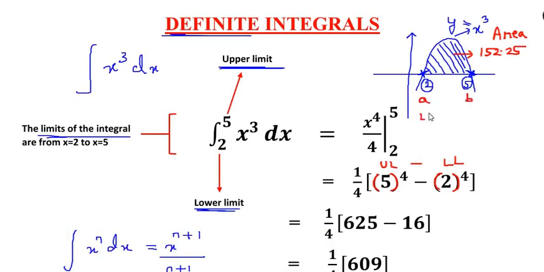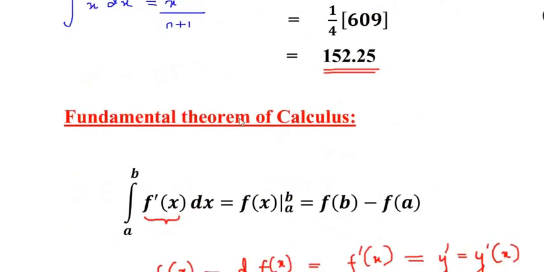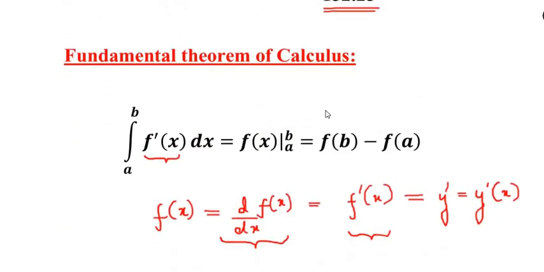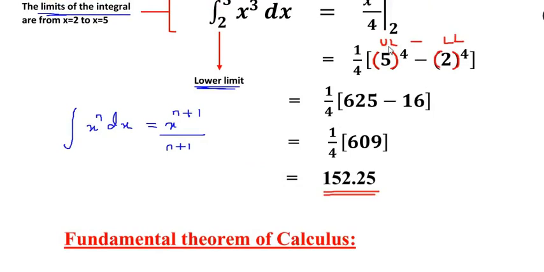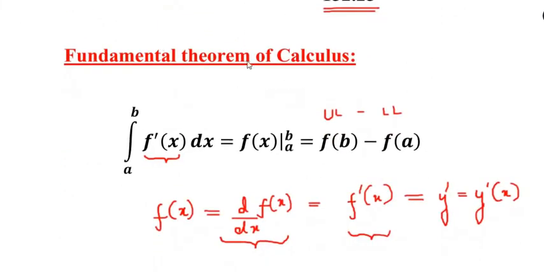That is, this is the lower limit and this is the upper limit. So whenever we are using the fundamental theorem of calculus, it always becomes upper limit minus lower limit. This is what was shown over here. So remember the fundamental theorem of calculus, it becomes really easy to solve the examples. Now let us quickly look at some exam style questions.